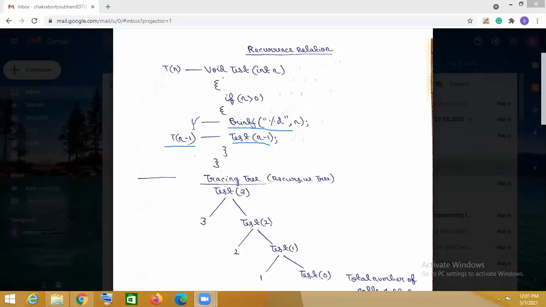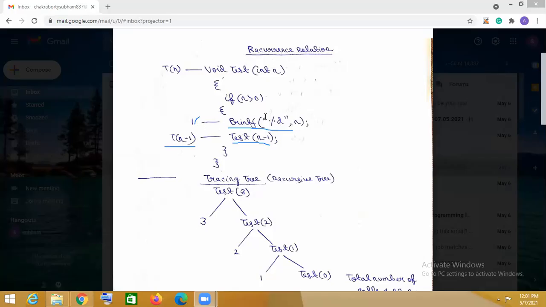You can mention 1 here also, because the amount of time required for this if condition will be 1. You can consider that also, but I have not considered it here, so I have not mentioned it.